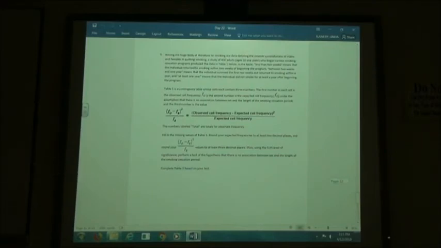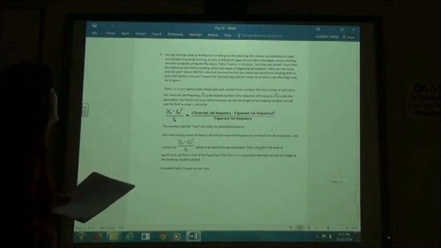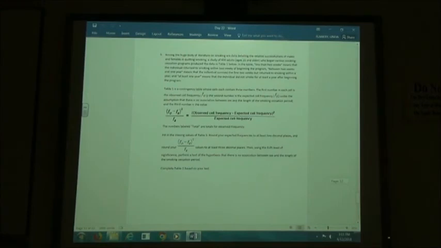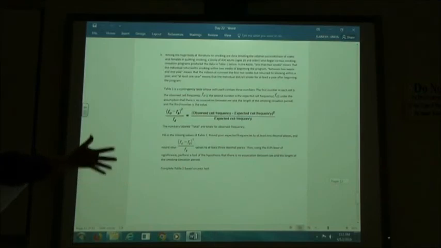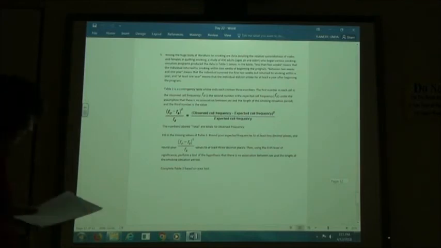And at least 1 year means the individual did not smoke for at least a year after beginning the program. Table 1 is a contingency table whose cells contain 3 numbers. The first number in the cell is the observed frequency, the second one is the expected one, and the third one we have to figure out using our formula. The first ones we're rounding to 2 decimal places, the second to 3, and we're going to check at a 0.05 level of significance the assumption that there's no association between the sex and the length of the smoking cessation period.